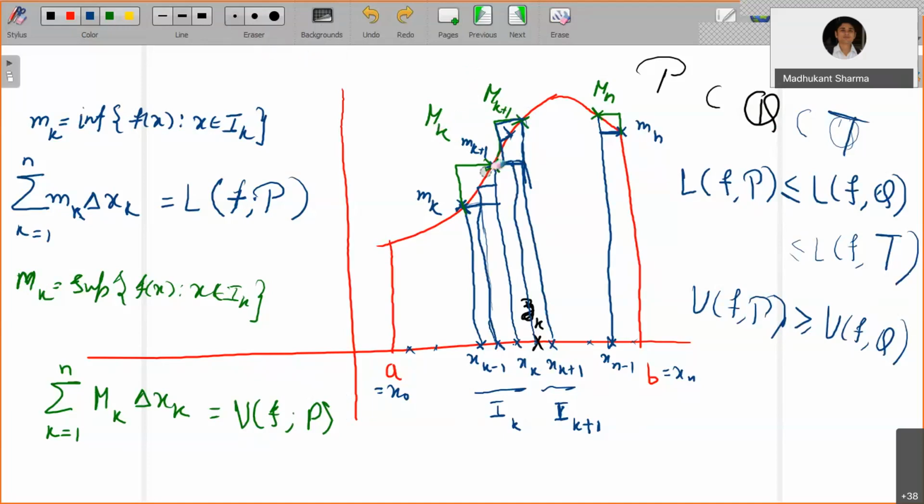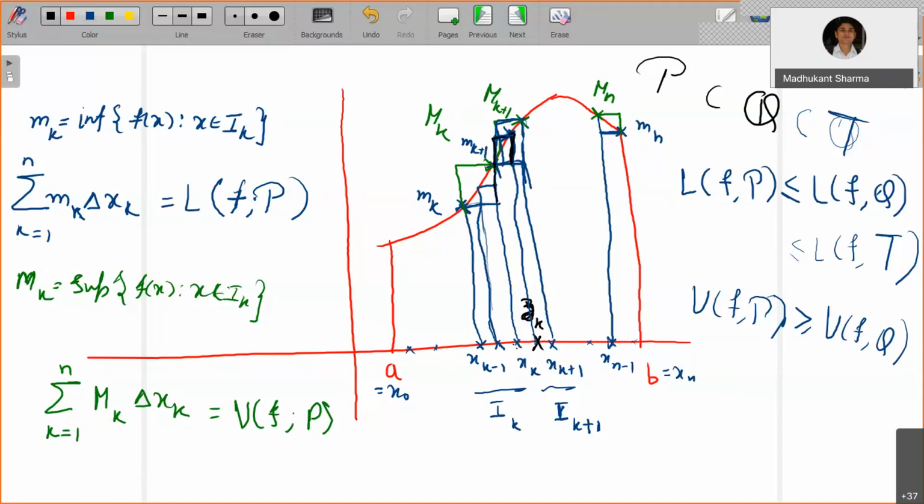So z_k is going to be crossing here. Now earlier we were talking about x_k to x_{k+1} and you had M_{k+1}, so this was the rectangle. Now if you take z_k, you have included one more point. Corresponding to x_k to z_k, the highest, the supremum, is this one, so this is your M_{k+1} now.